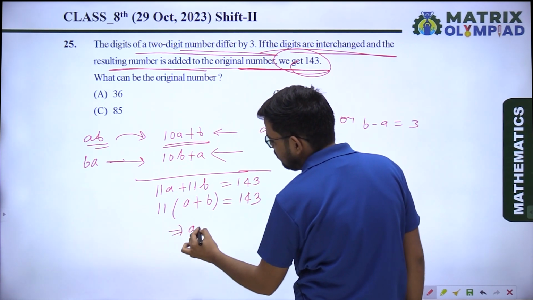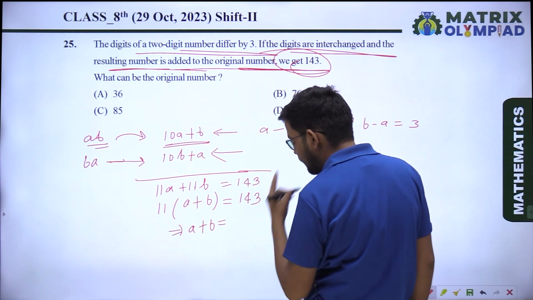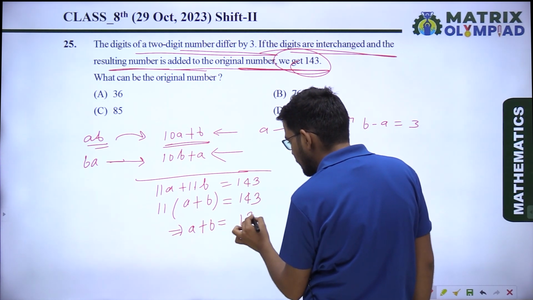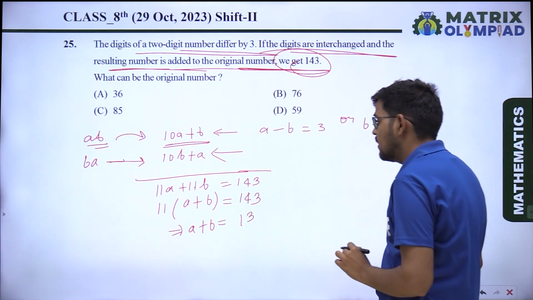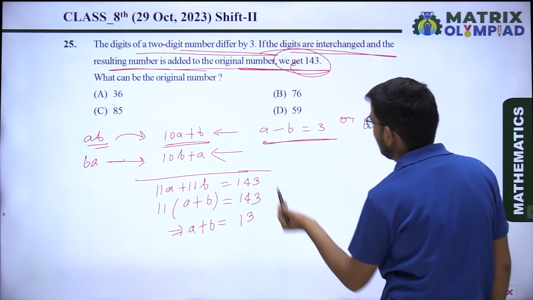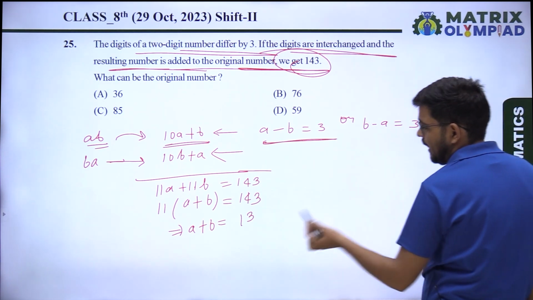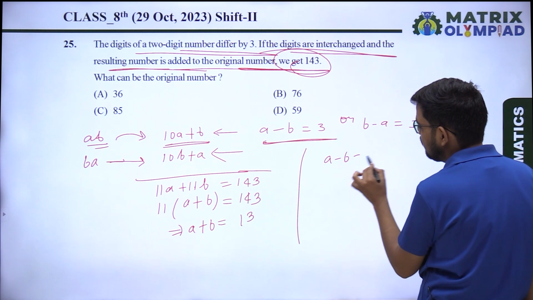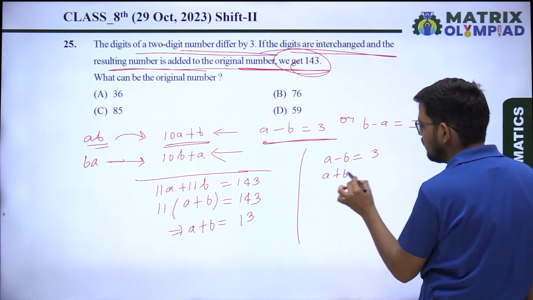When you simplify it, you are getting A plus B equals 13. Now it is saying A minus B equals 3 and A plus B equals 13.